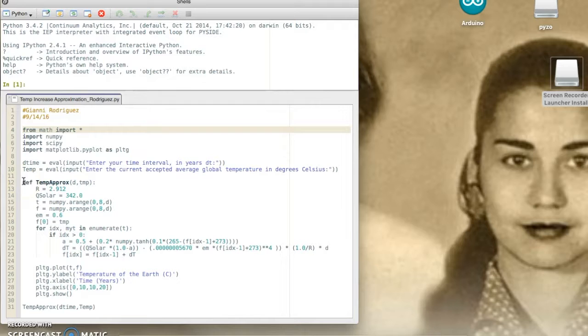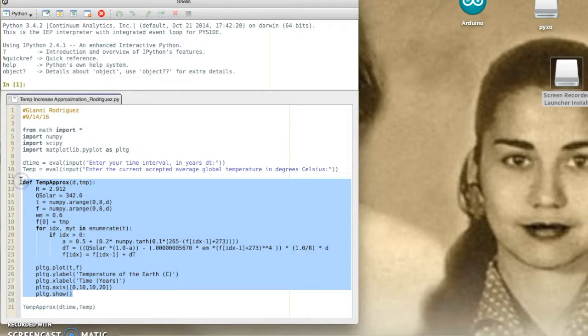The main attraction of my program is this segment of code right here. This is the temperature approximation, as I've called it, with two variable inputs, T, which will be the change in time, and TMP, which is the initial temperature that is input by the user.